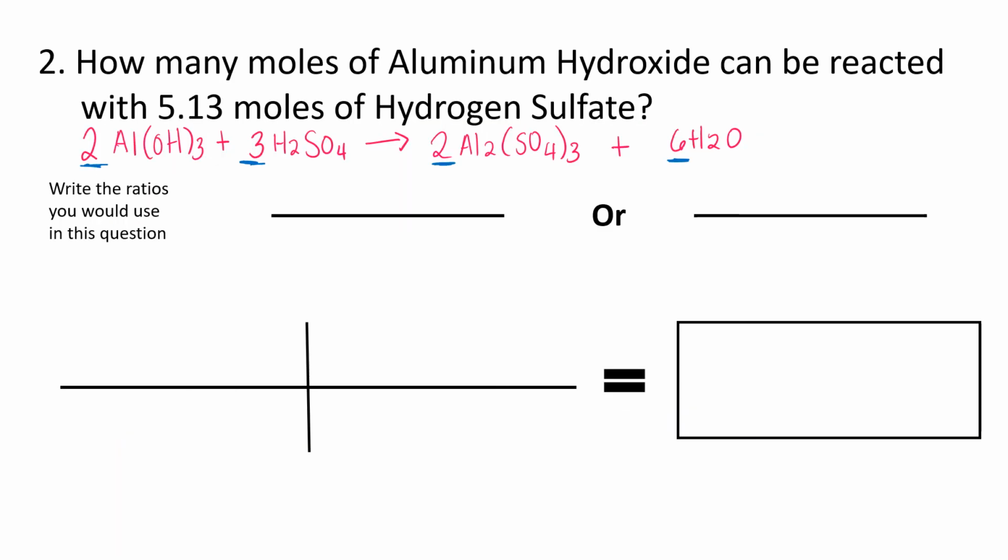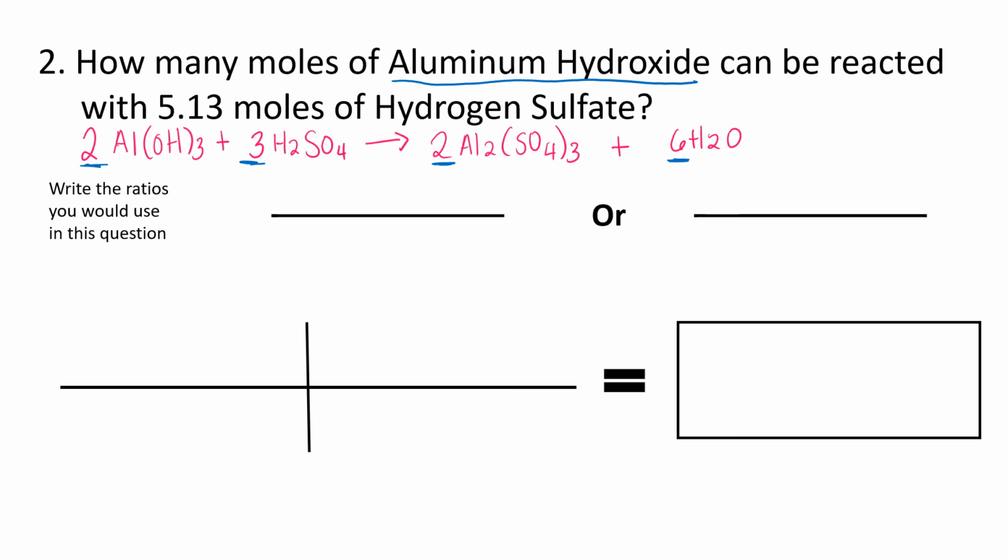Okay, so the next problem, following along the same equation that you just finished balancing, you're going to use that information on the equation to create your ratios. If you're reading the question, it says how many moles of aluminum hydroxide. First and foremost, it's talking about aluminum hydroxide.